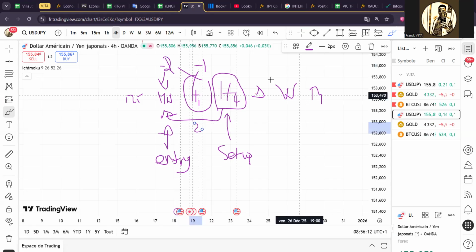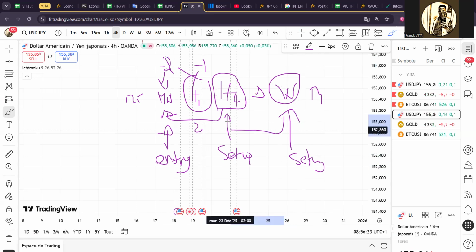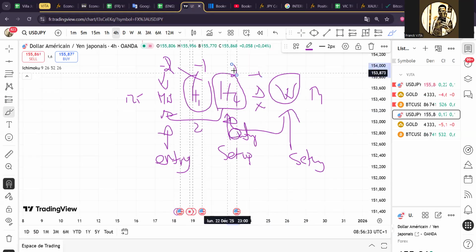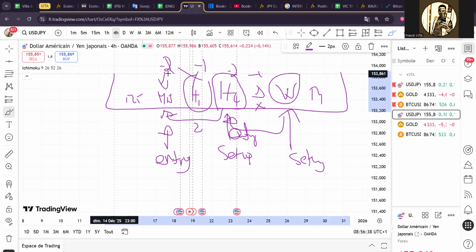It's the same thing if you look at the setup on weekly, and then go directly on H4 and look for the entry, and you skip the daily. So you have 2 time frames that you have skipped. First of all, your time frames must have this alignment.